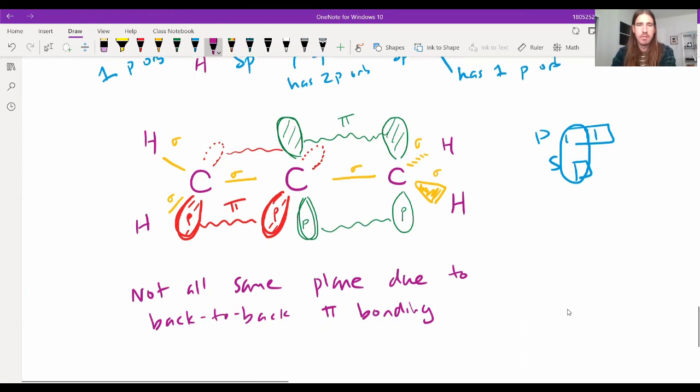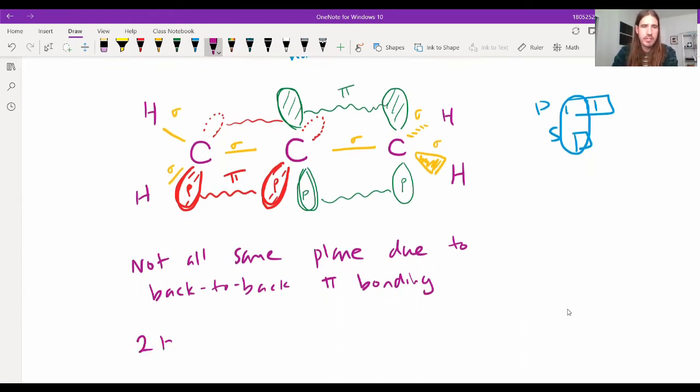The two H's on the left are in a perpendicular plane to the two H's on the right.